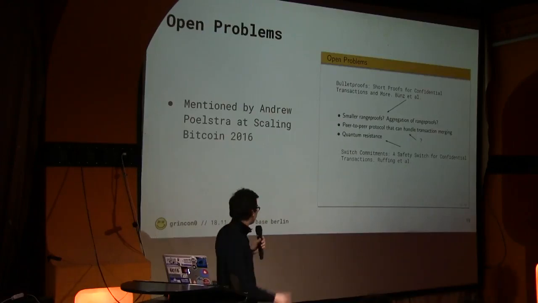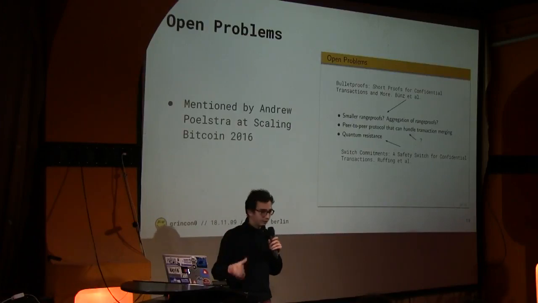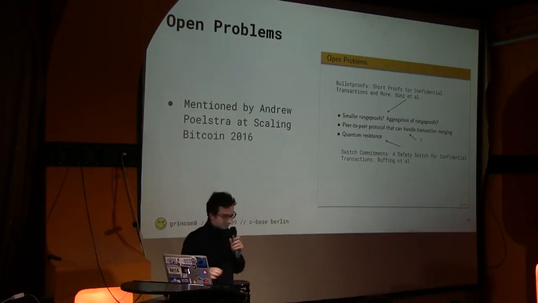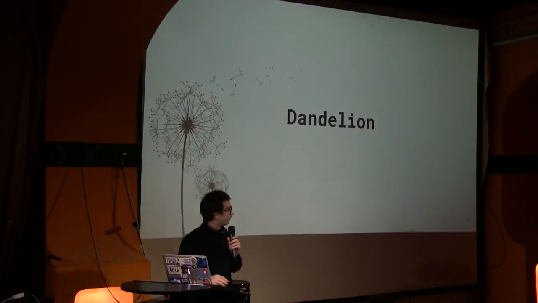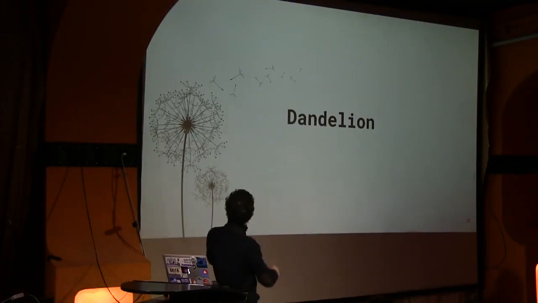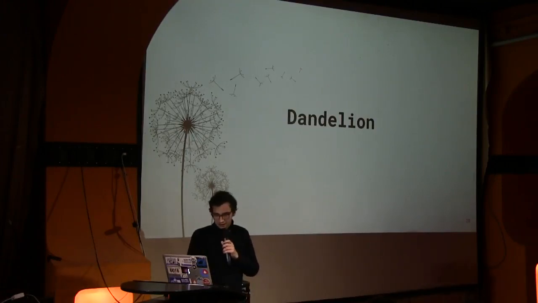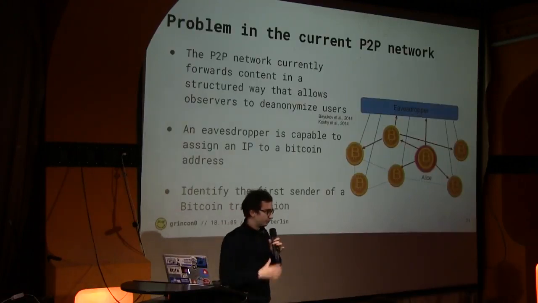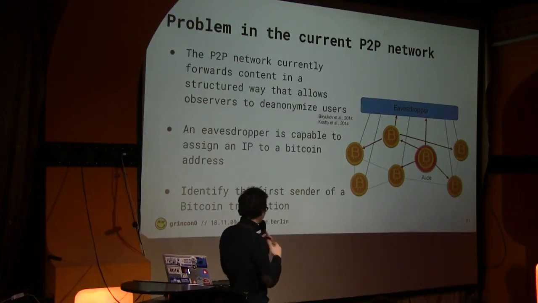Okay, so now keep in mind the way that we can take 2 transactions, aggregate them, and broadcast them. And we are going to talk about Dandelion from a really high-level perspective. So Dandelion is actually a flower like that. The idea behind Dandelion is that it's really easy to spy on the Bitcoin network.